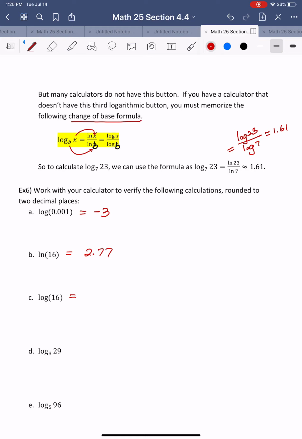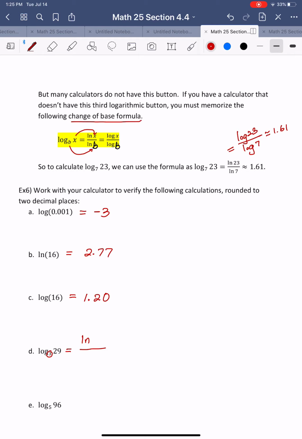The log of 16, I have 1.20. This time you need to keep the 0 because it's two decimal places. After the 0 is a 4, so you just drop whatever comes after. Next one, I don't think I have a base 3 to type in, so this time choose ln or log.